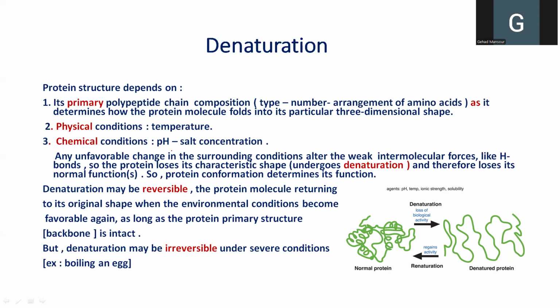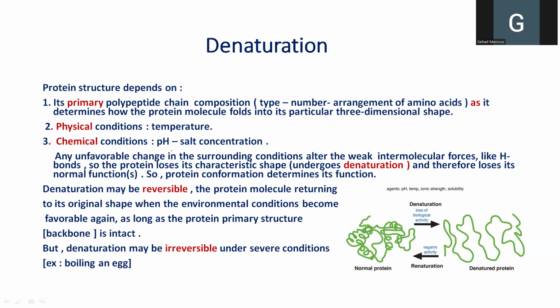Of course, it depends mainly on its primary polypeptide chain, meaning the type of amino acids, their number, and their arrangement, because it is this type and arrangement of the amino acids that will determine how further folding will occur. Why? Because how further folding occurs depends on what type of bonds will be formed, and what type of bonds depends upon what kind of amino acids are already present.